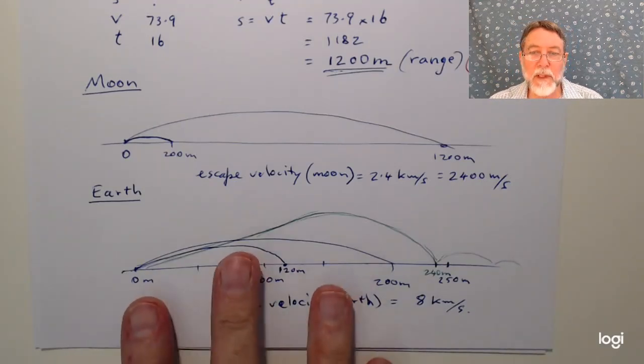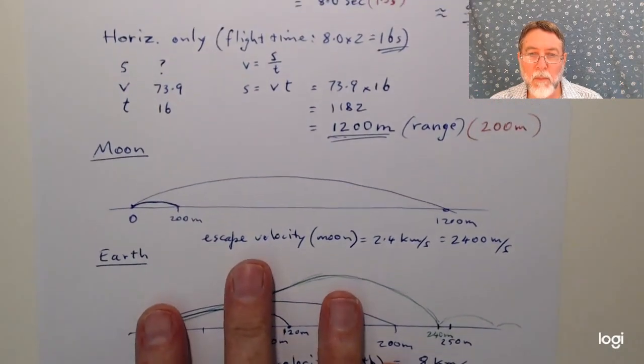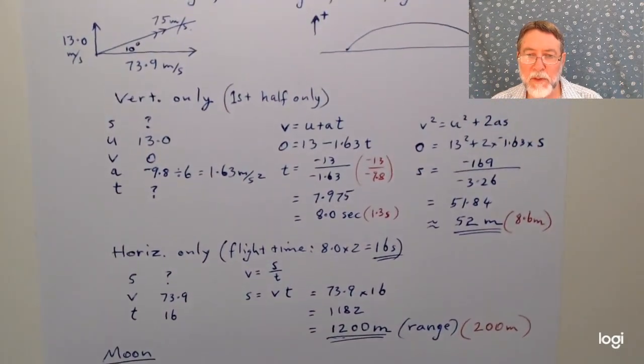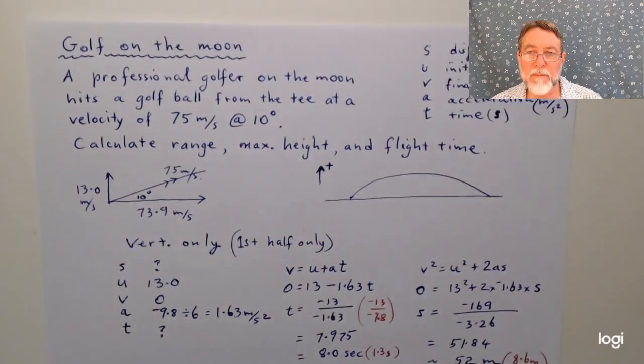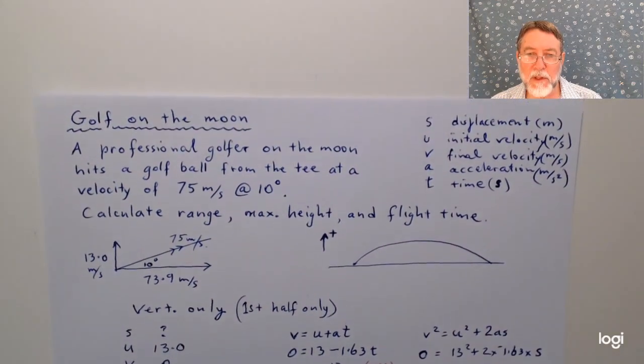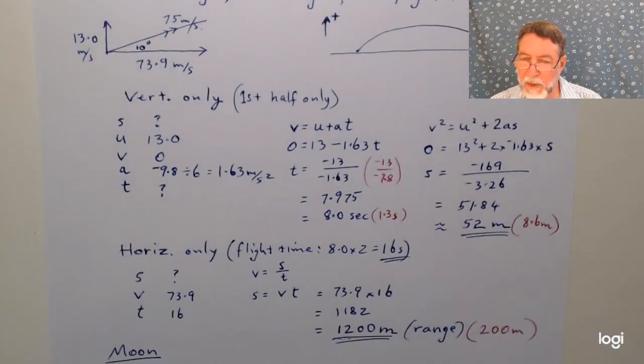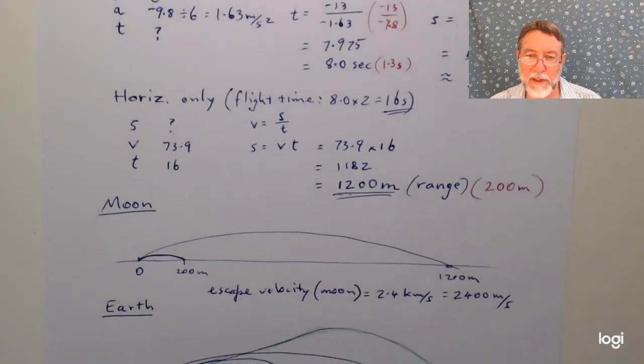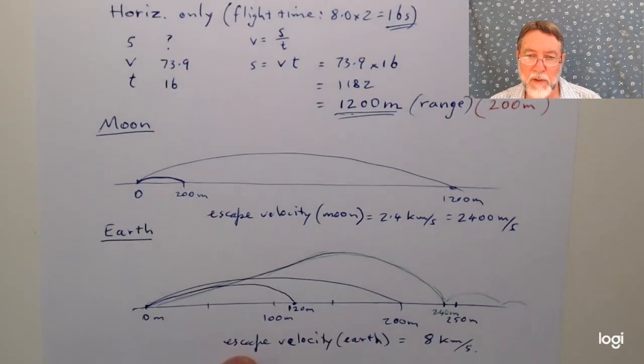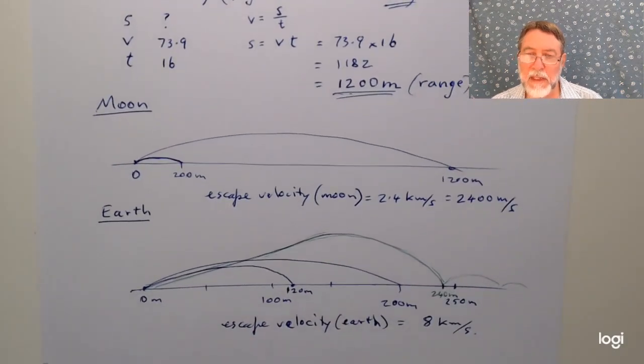So there we are. There's a look at solving problems to do with projectile motion and the steps that you go through. And then we've looked at some interesting facts around trajectories of golf balls, and that's golf on the moon.